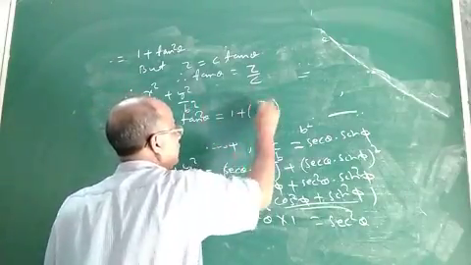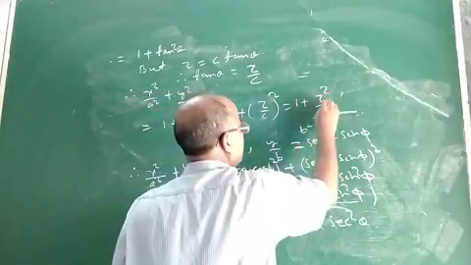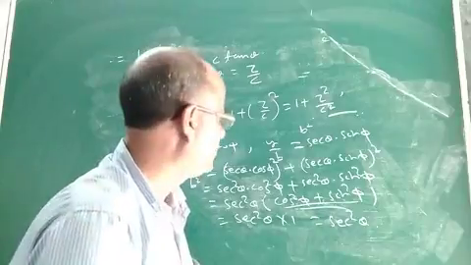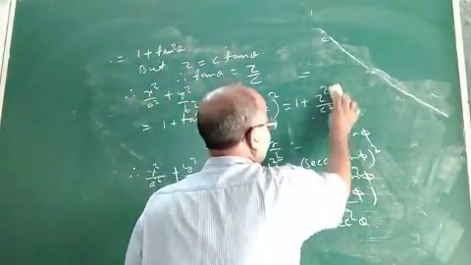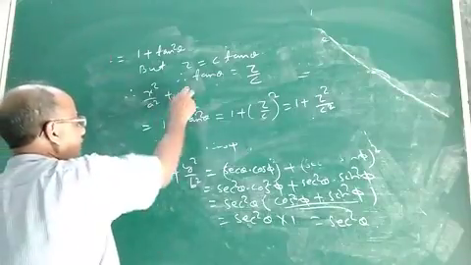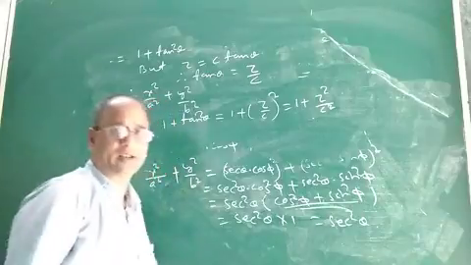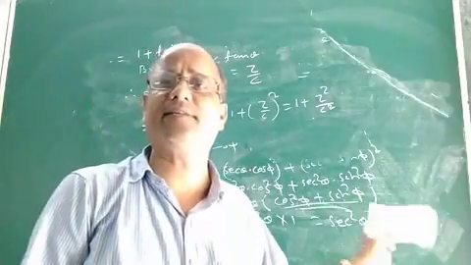It is 1 plus z by c whole square, which will be equal to 1 plus z square by c square. So the value of x square by a square plus y square by b square will be equal to 1 plus z square by c square. In this way you will solve this type of question.